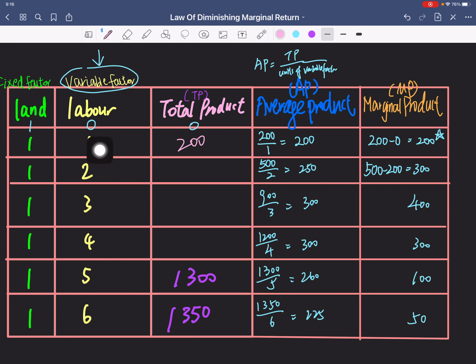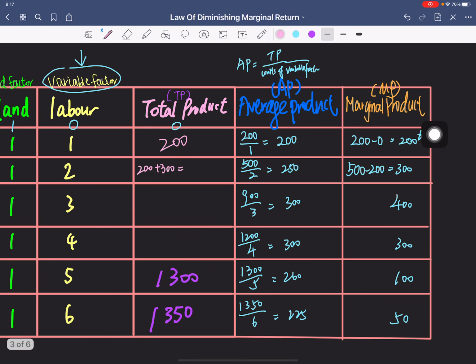When we employ another unit of labor, our marginal product will increase by 300. So how is our total product? It is 200 plus 300. We use the MP, the marginal product, to get back our total product.